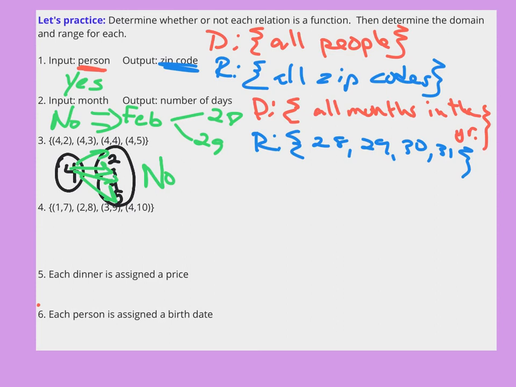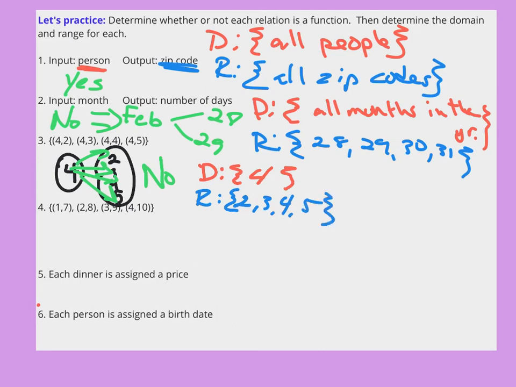However, it is a relation, and it does have a domain and a range. The domain are my x values, and in this particular case, my only x value is 4. The range would be my y values, and here I have y values of 2, 3, 4, and 5.